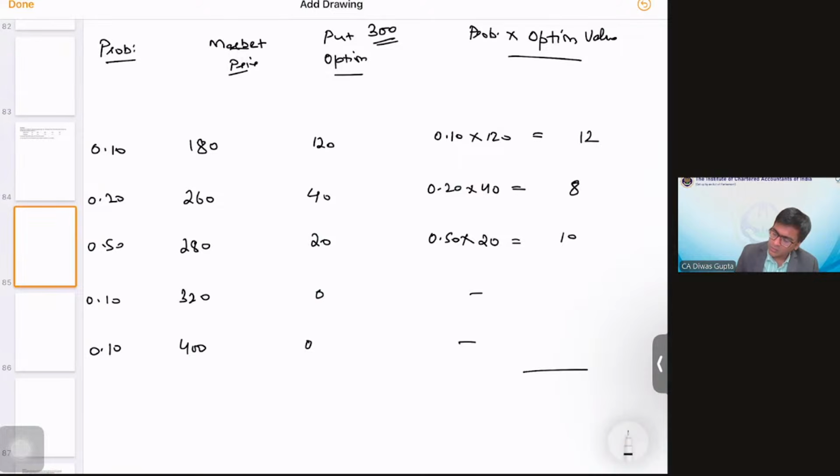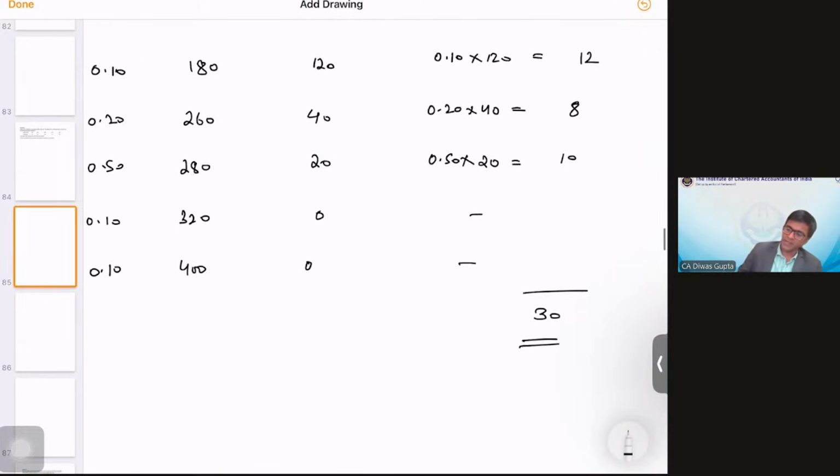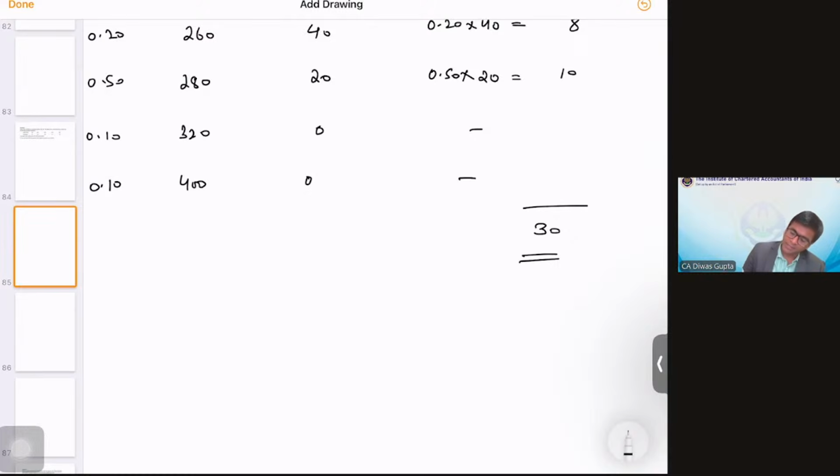So the value becomes 30 here. Expected value of put on expiry is equal to rupees 30.